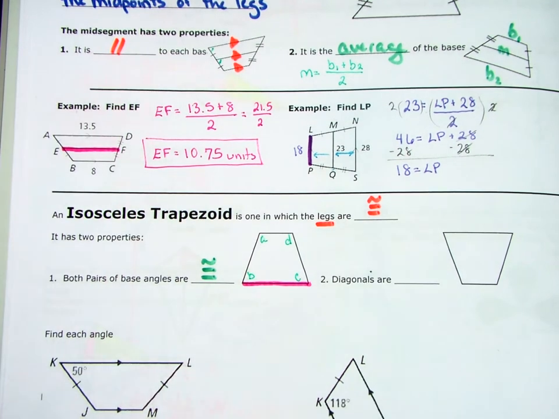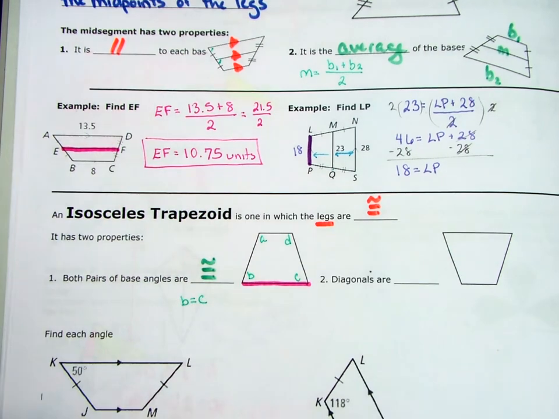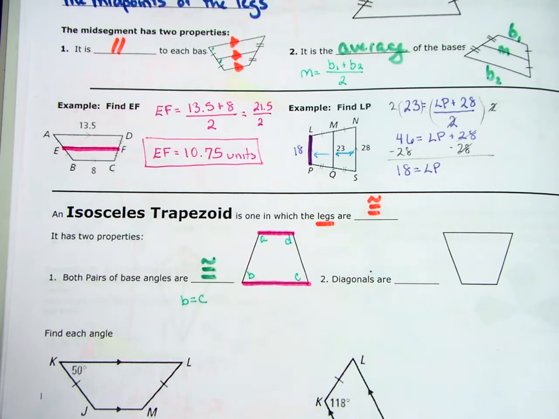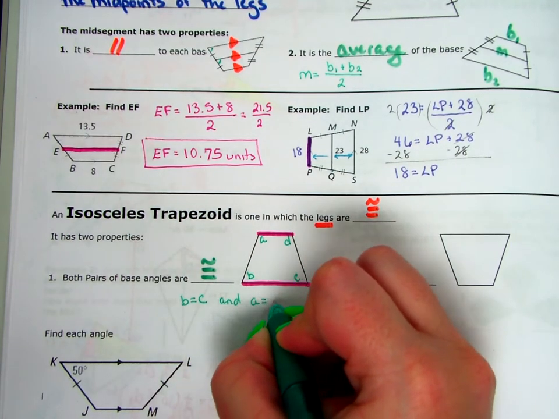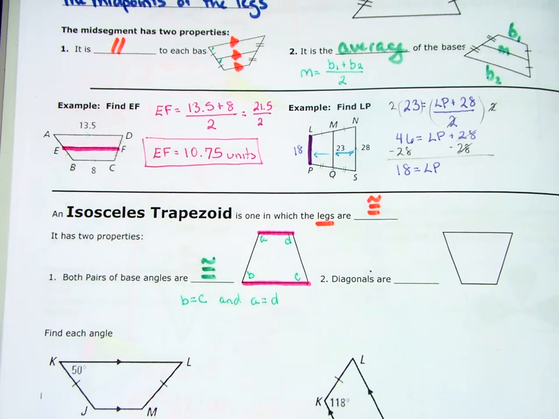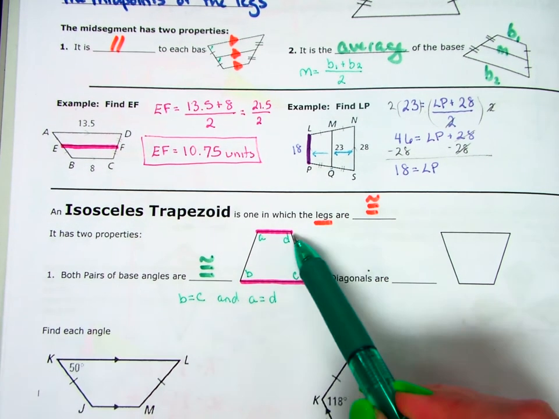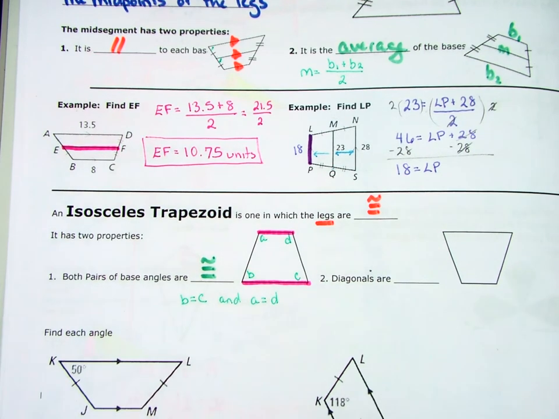So B will equal C, and A will equal D. That doesn't happen in every trapezoid. That only happens in isosceles trapezoids. Now, A plus B still has to equal 180, the two on this leg, and D plus C still has to equal 180 because it's still a trapezoid.